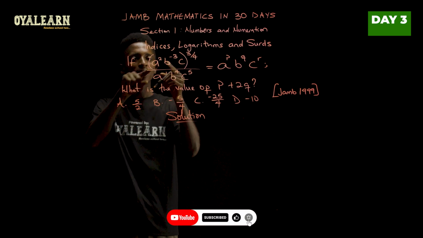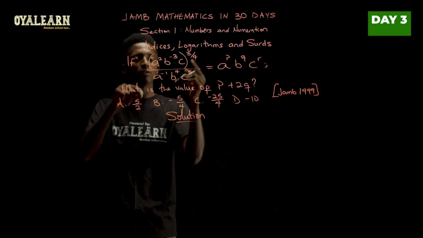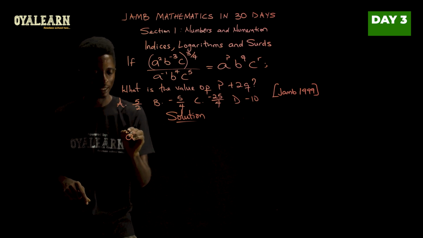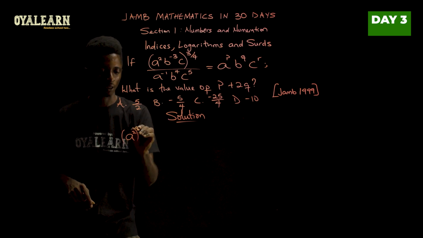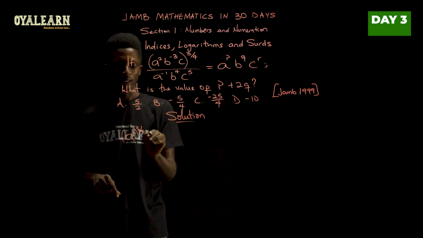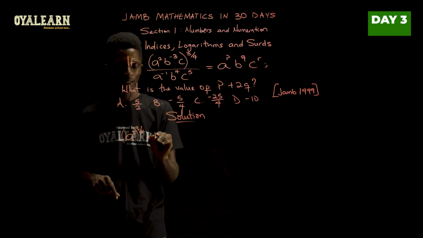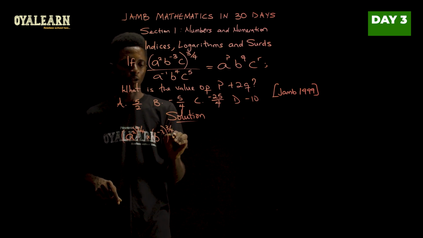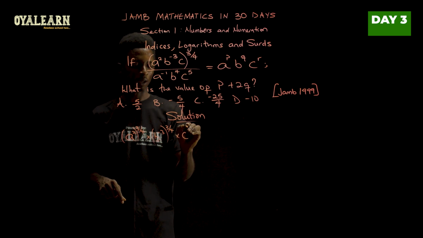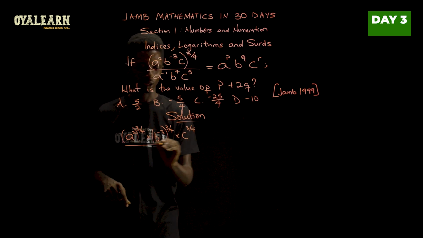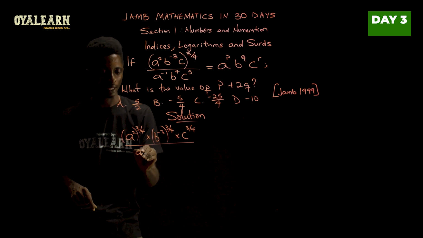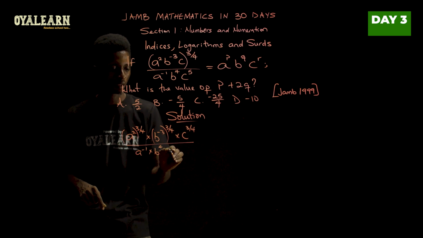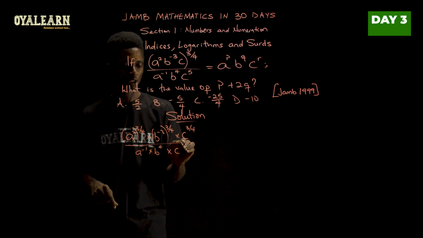Here we can then give the power to each of these base numbers. So we'll be having a squared, now raised to the power of 3 over 4. Now we multiply that by b raised to the power minus 3 times 3 over 4, then multiplied by c raised to the power of 3 over 4, all of this over a raised to the power minus 1 times b raised to the power 4 times c raised to the power of 5.